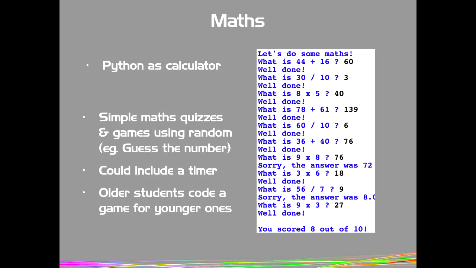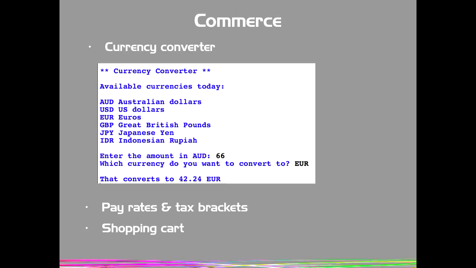A variation is to make a game where you store a random number and players have to guess the number and they're told if it's higher or lower. So we're just using here if-else statements, printing, and input, some very simple maths. So most of the examples that I'm going to start off with are fairly simple things that you could do with kids when they're first learning to code.